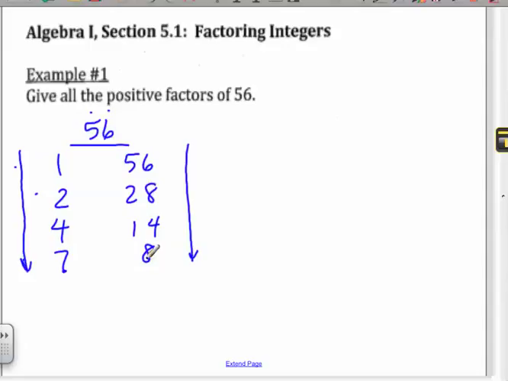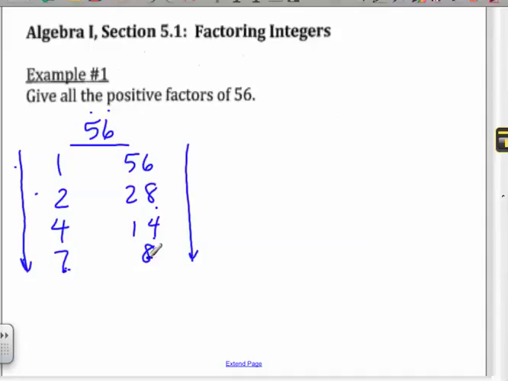There aren't any hidden factors over here like the number 9 or the number 15 or something like that. I've already gotten those by asking the questions on the left side. So these are the 8 factors of 56. Okay? Once the two bottom numbers match, then I'm done. Okay? And you'll notice this is very close to the square root of 56. It's somewhere between 7 and 8.